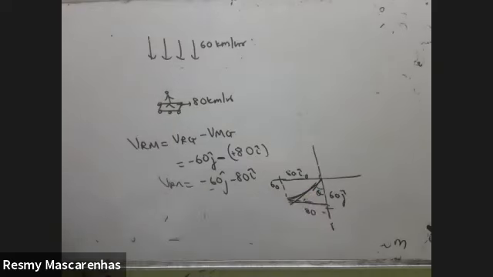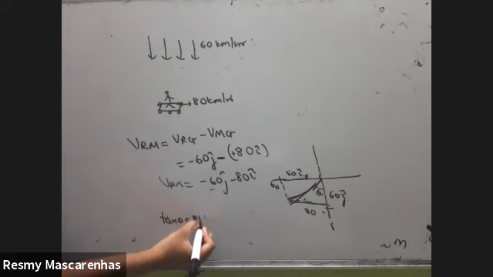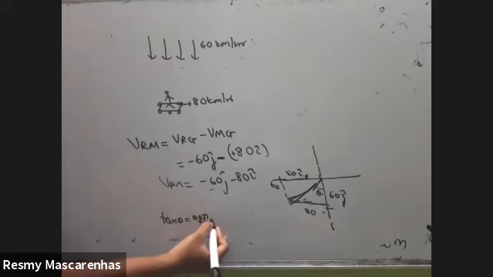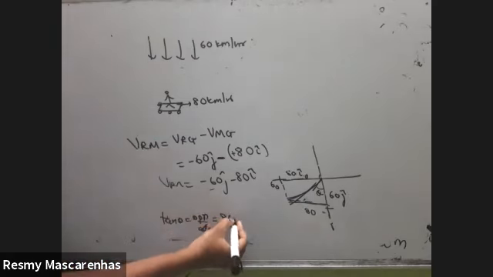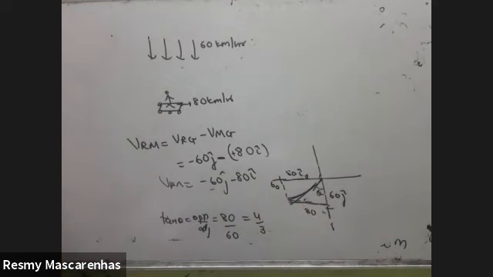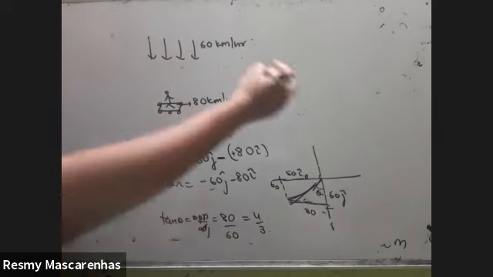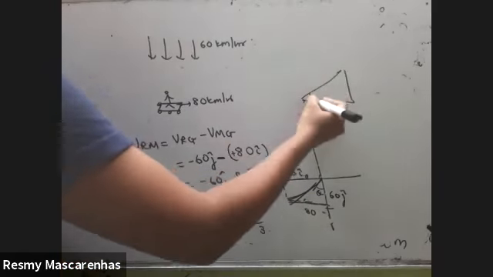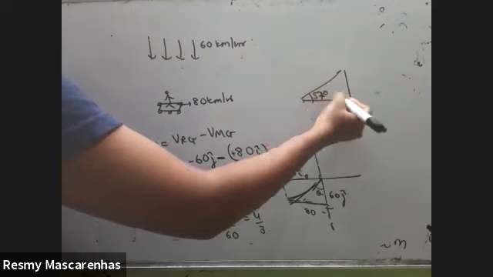And this is theta. So tan theta is always opposite upon adjacent. The opposite side is 80, adjacent side is 60. So whenever tan theta is 3 by 4, it is 37 degree. When tan theta is 4 upon 3, it is always 53 degree.